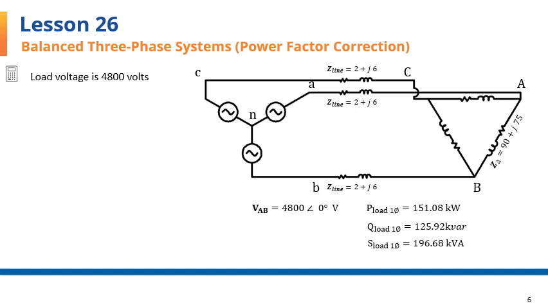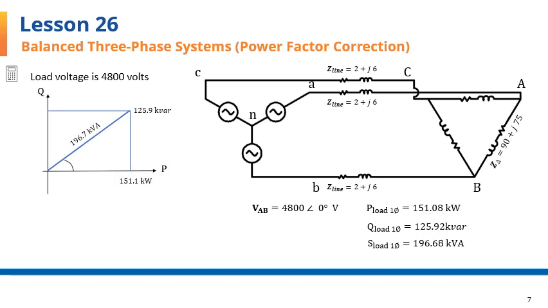Here are the real, reactive, and apparent powers of the single phase of the load given here, here, and here. Next slide shows the power triangle associated with these power components.